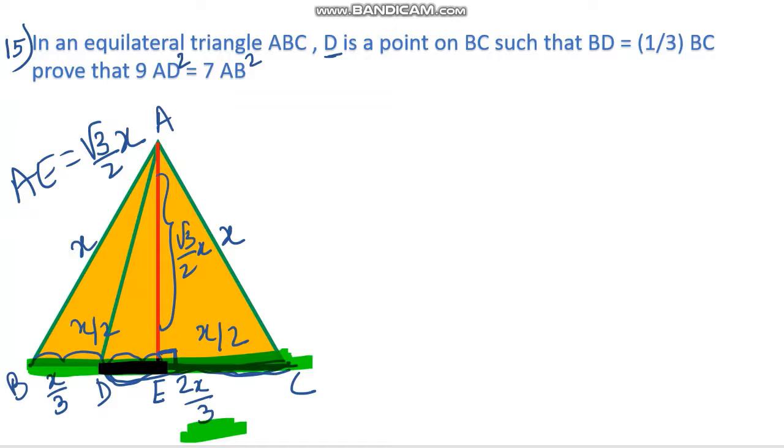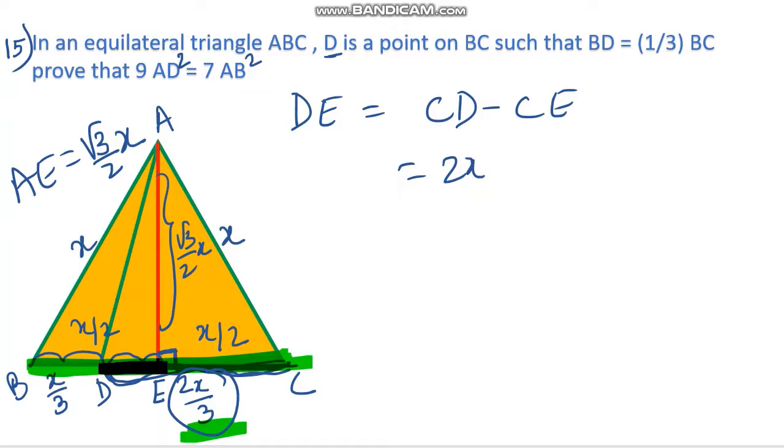Look into the figure. Your CD is 2x by 3 that we have calculated, minus your CE, which is x by 2, because AE is your median also. So CE is half of BC and so it will be equal to x by 2.